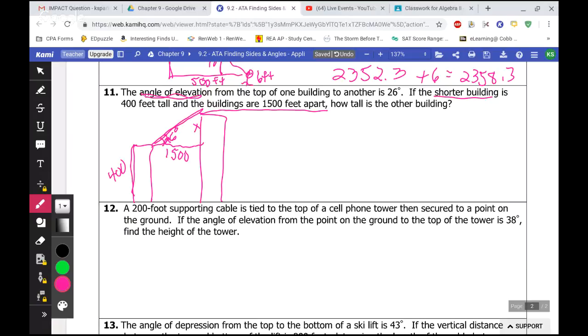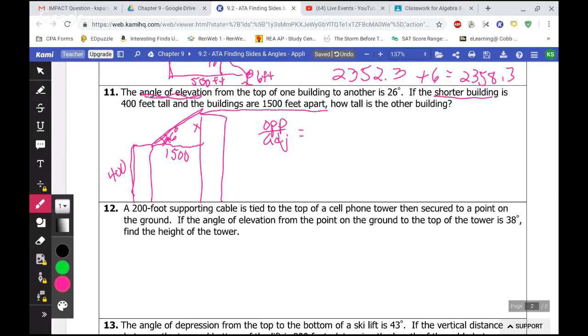Then we've got this leg right here, which is 1,500 feet. So we've got opposite over adjacent this time, because we've got x over 1,500.